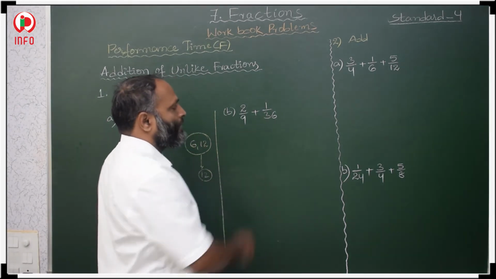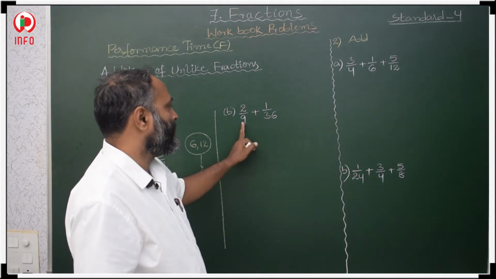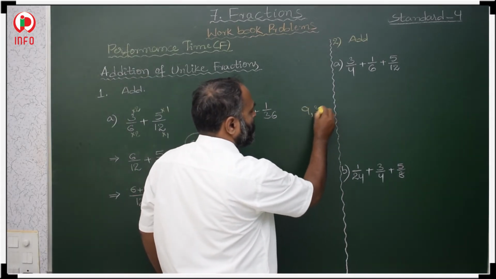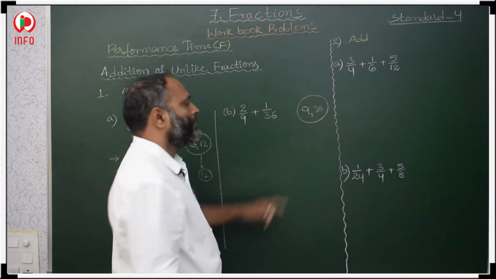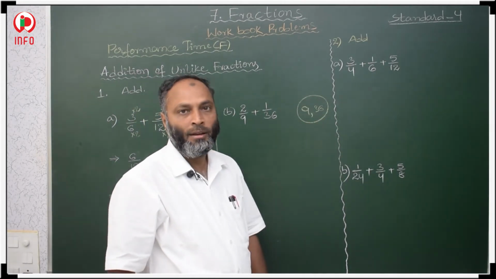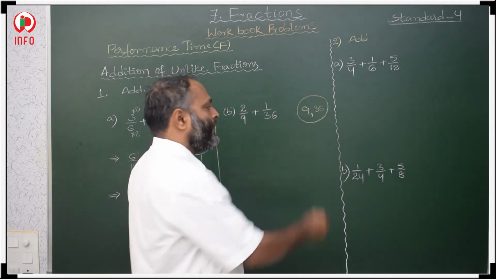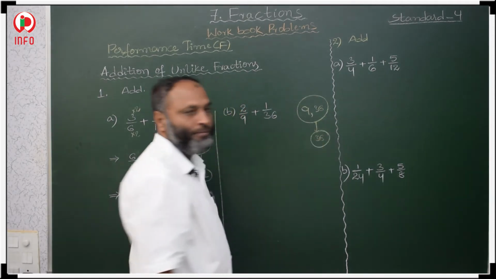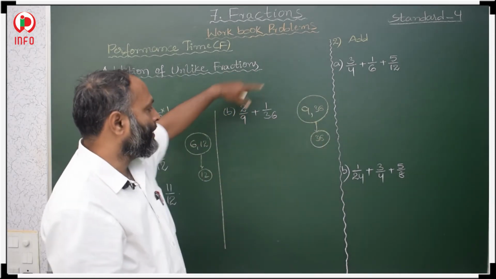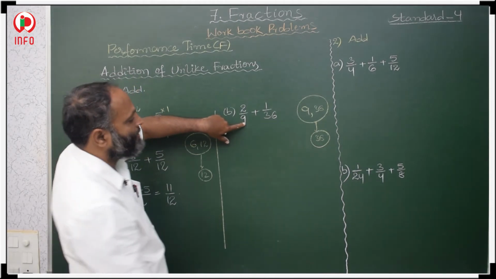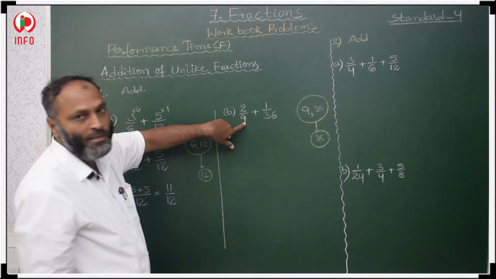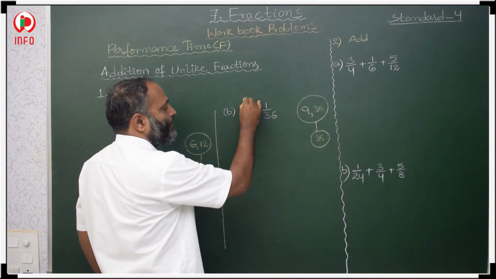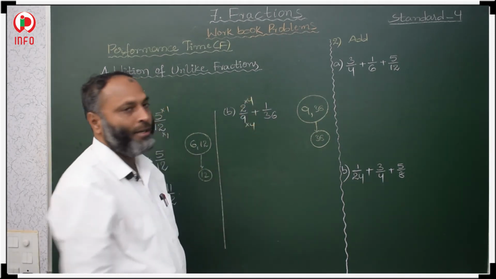Now, the second one. Here also we have to take the LCM of these denominators, 9 and 36. Here 9 is a factor of 36, 9 4s are 36, so the LCM is 36. The bigger number is the LCM. Then after that, with these denominators we check when we will get 36. 4s are 36, so with that 4 we multiply the numerator and denominator.